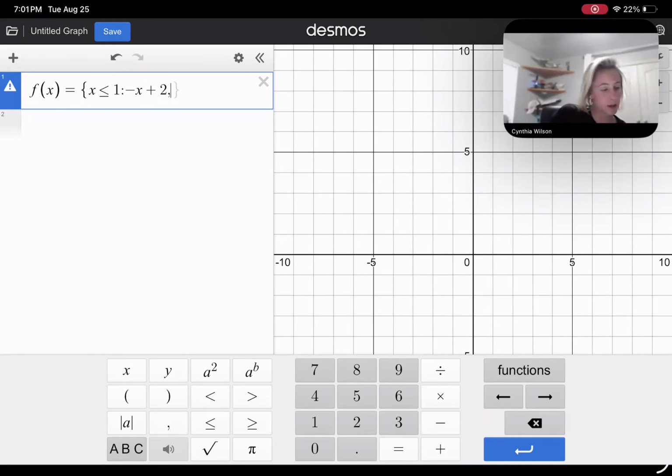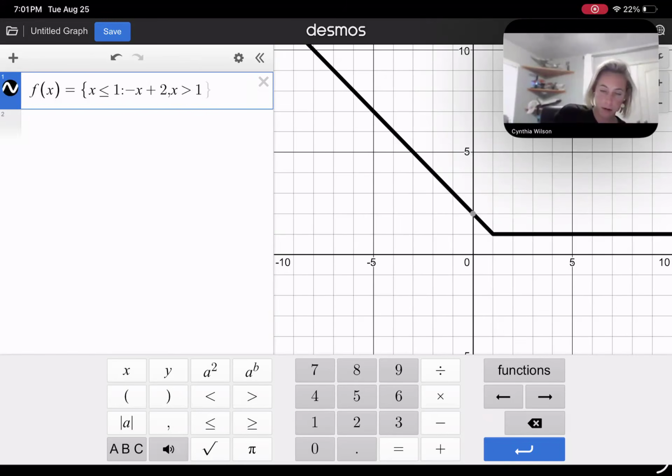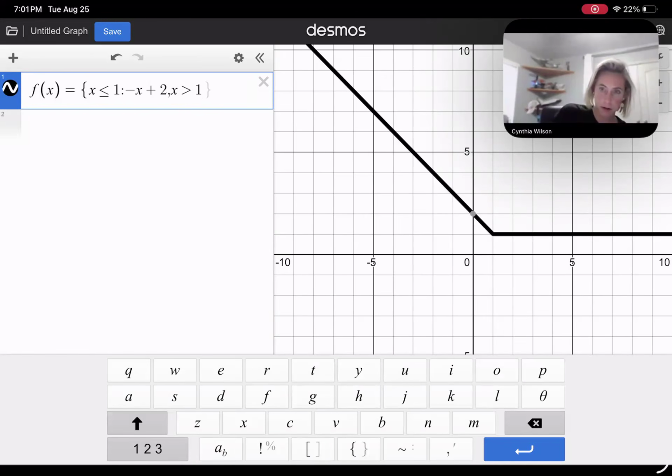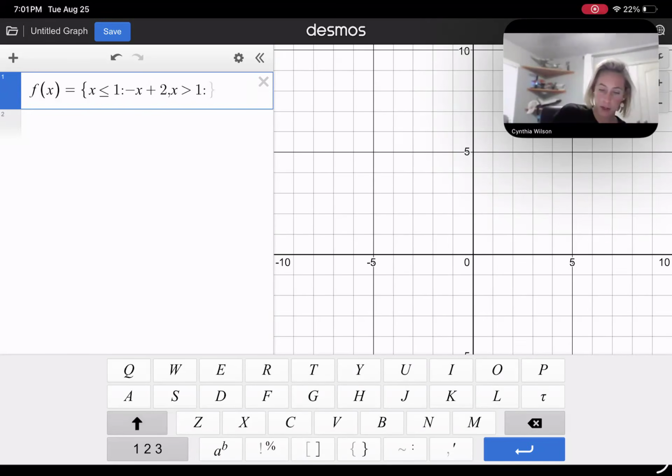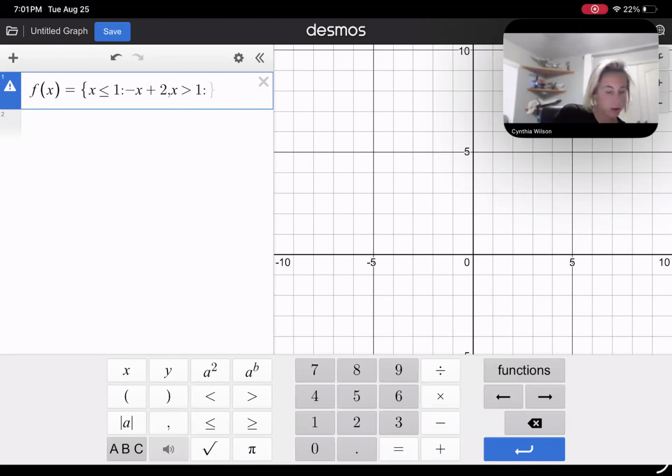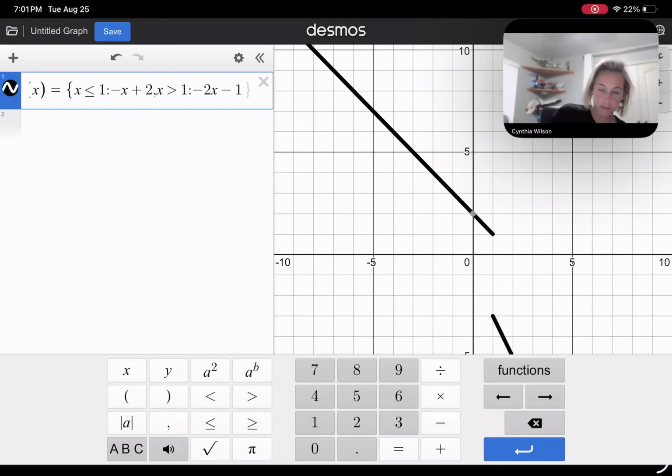Second condition, x is greater than 1. Colon. Negative 2x minus 1.